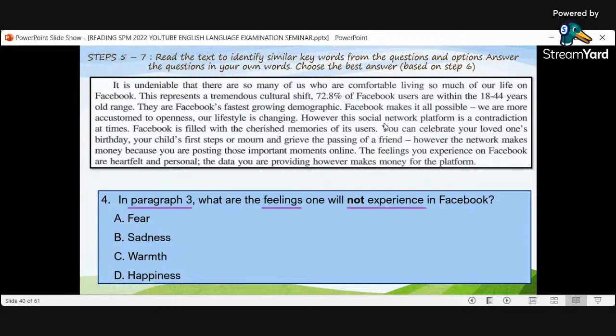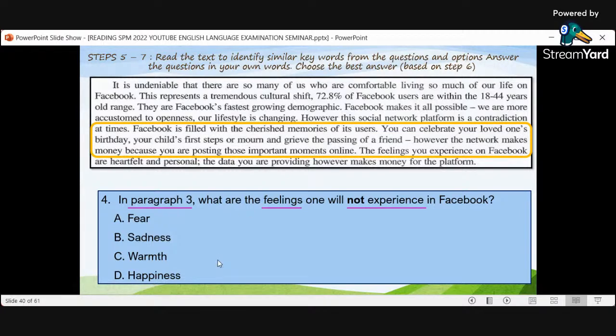All right, here is feelings. What are the feelings one will not experience? So if you look at feelings, Facebook is filled with cherished memories of its users. You can celebrate your loved one. Now, when you celebrate, it shows happiness. Your child's first step, or mourn and grieve the passing, that is sadness. However, the network makes money.